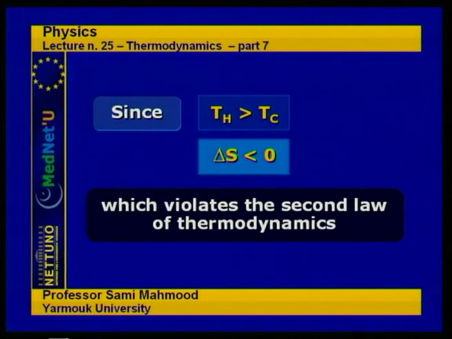And that result does violate the second law of thermodynamics. This is not allowed. And the violation of the second law of thermodynamics tells us that it is impossible to have such a machine. And in fact, it is impossible. We cannot construct such machines.